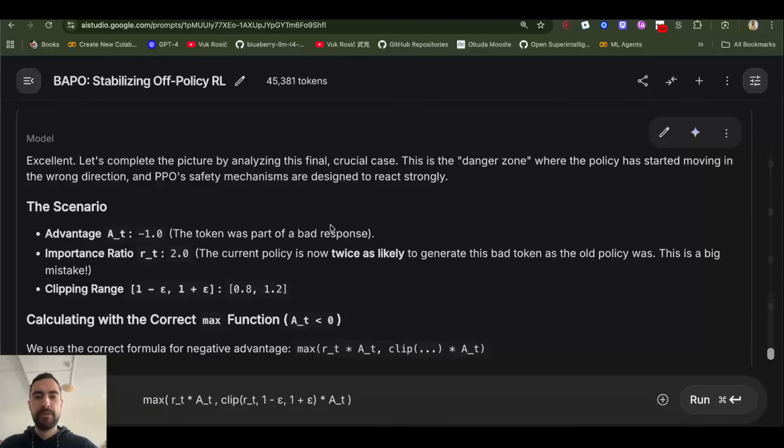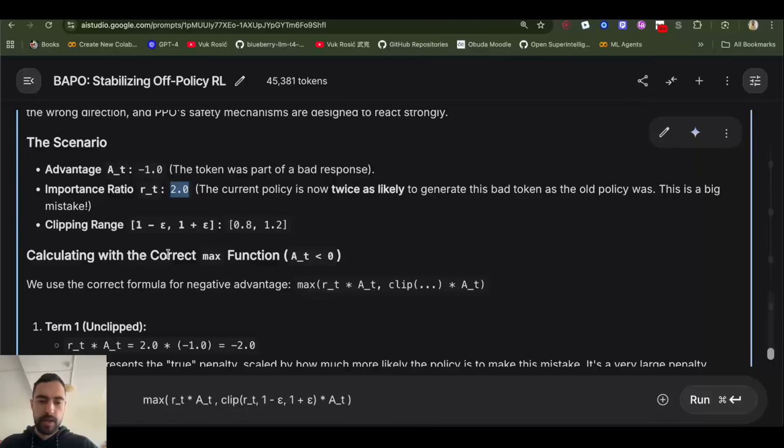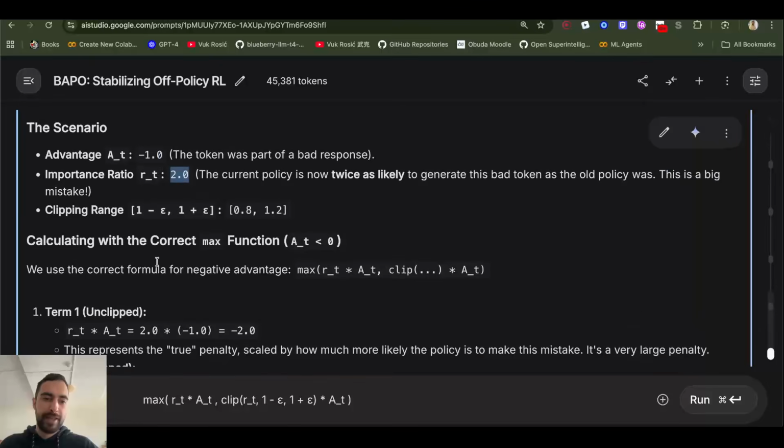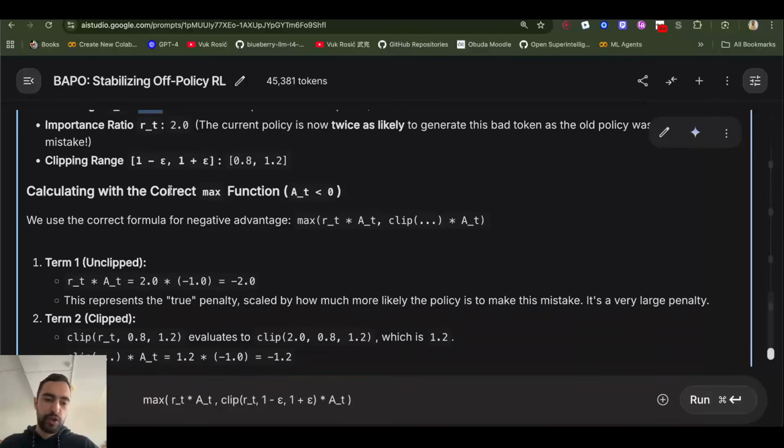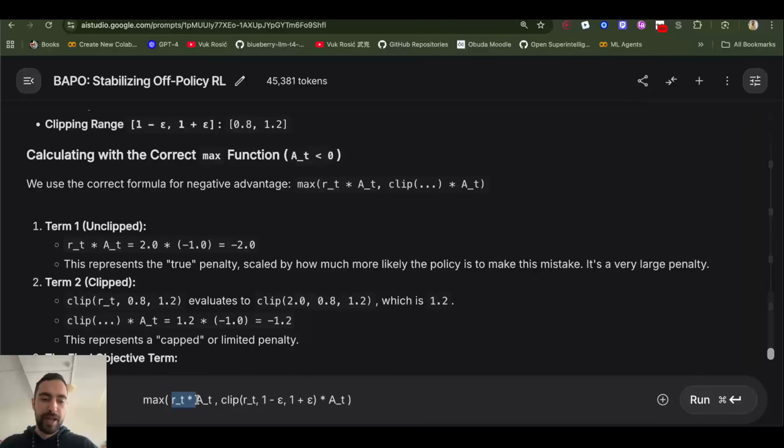Let's see an example with a positive ratio. In this case, the new model thinks this token is more likely, increased the probability of this token compared to the old model, but it still gave the wrong answer. So here we will have, let's say, ratio is 2 and advantage is -1. So in the first term, where we multiply them, we will get -2.